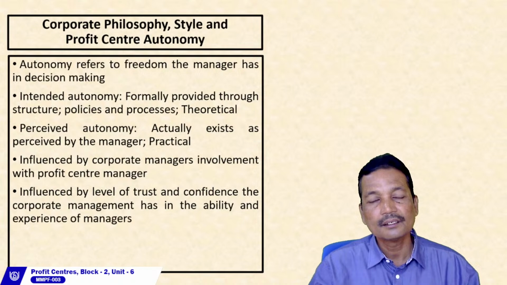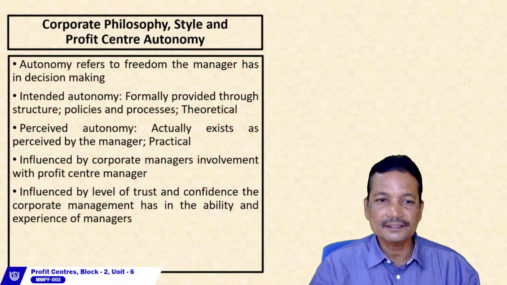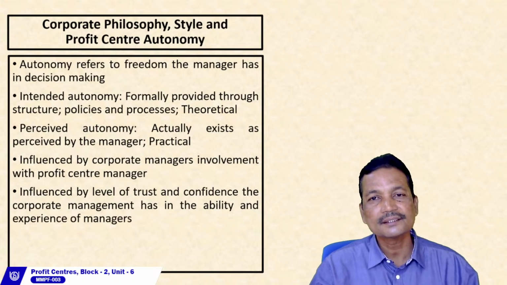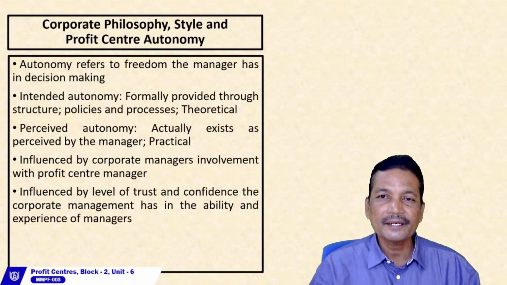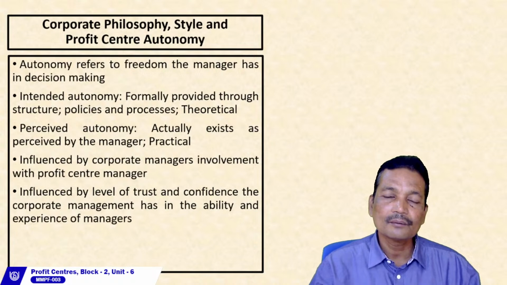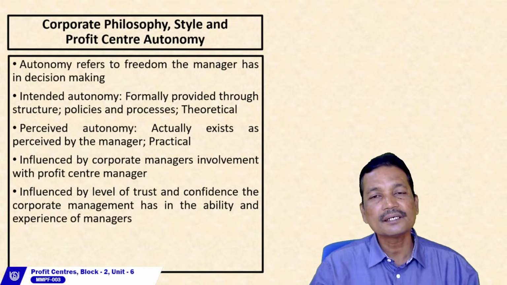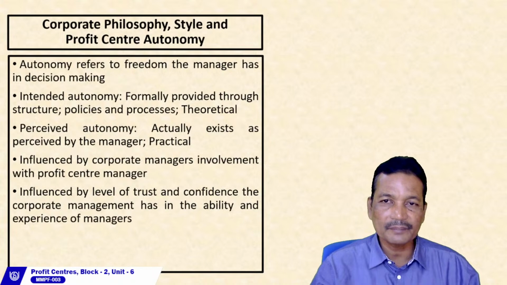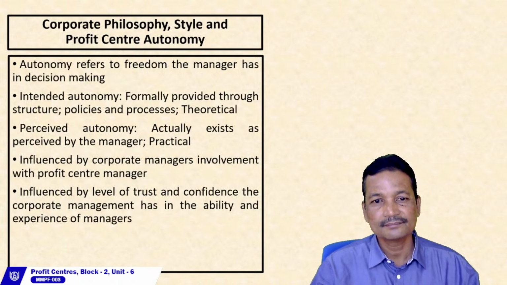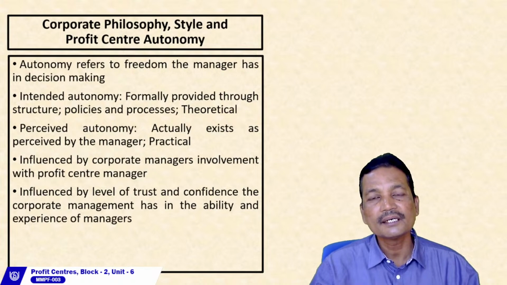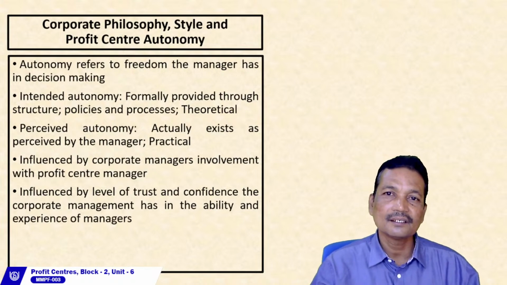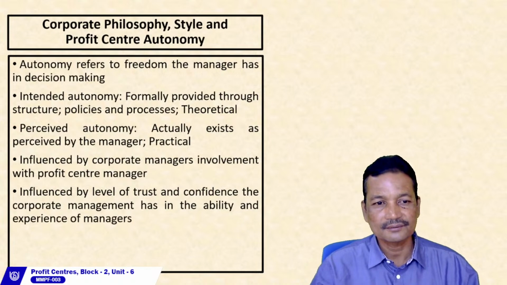However, due to their age old habits, corporate managers may have what we can say an inkling towards tampering with the divisions' or the profit managers' decisions. That means they try to get involved in the profit center manager's decision.